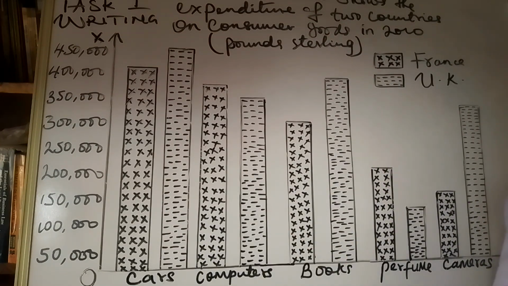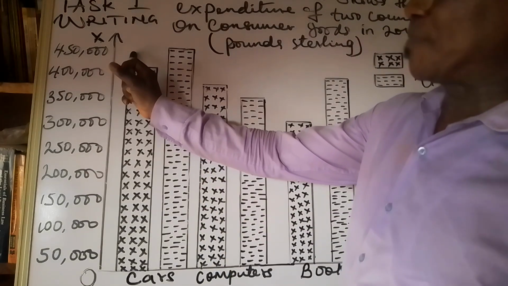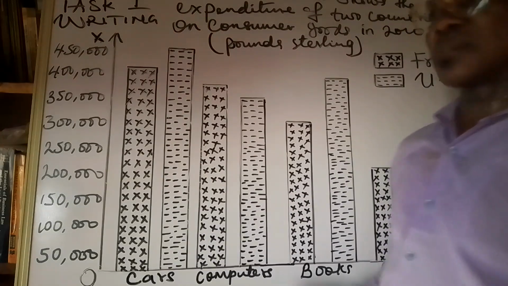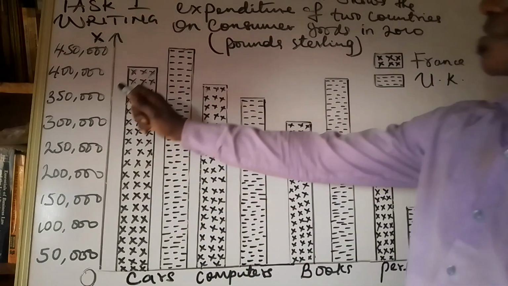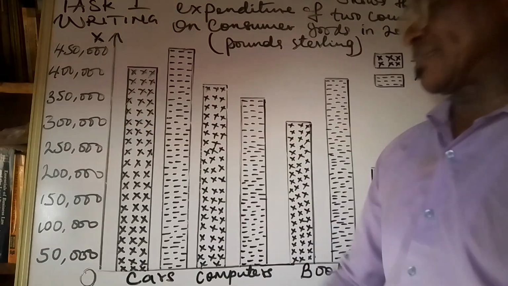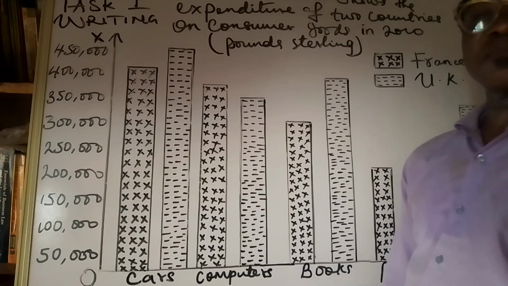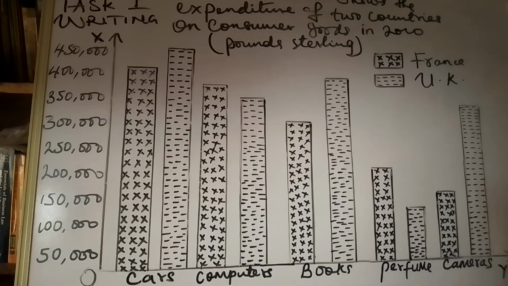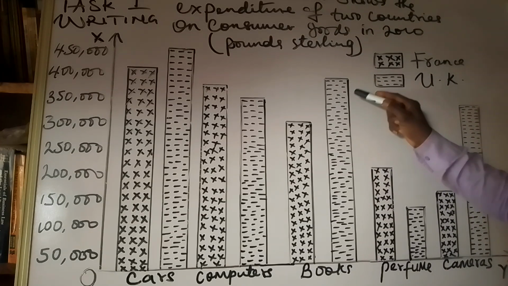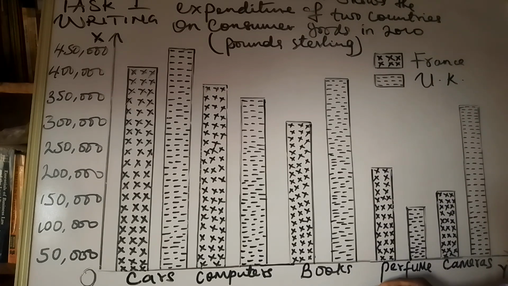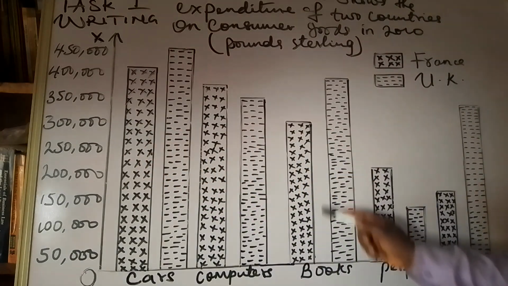In the year 2010, the British spent approximately a little more than £450,000 on cars, while the French spent approximately £400,000 on cars. Again, in the same period, the British spent £400,000 on books, as compared to just above £300,000 by the French.